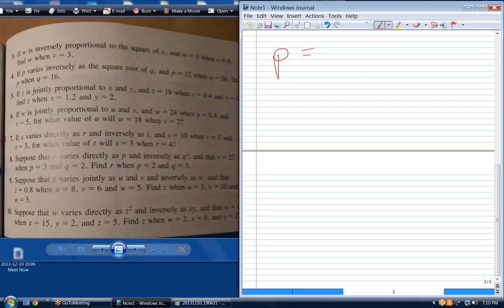What's my general equation? Well, inversely means we're going to have a K over something. So that's going to be P equals K divided by the square root of Q. Now they give you a P and a Q, which will allow us to solve for K, and then we'll do the same thing. So what's the next line I should write? 12 equals K divided by 6.